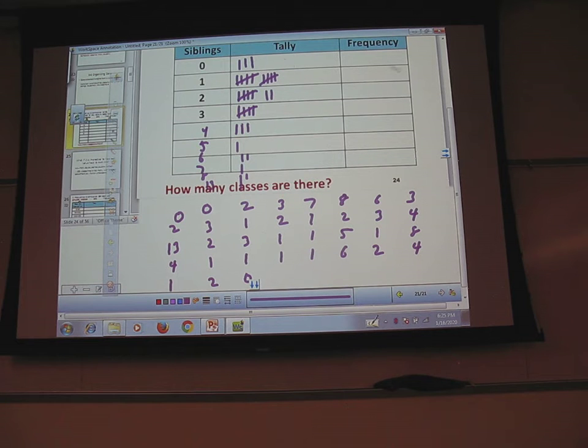Great. Okay, so we have 3, 10, 7, 5, 3, 1, 1, 1, 1, and 1.